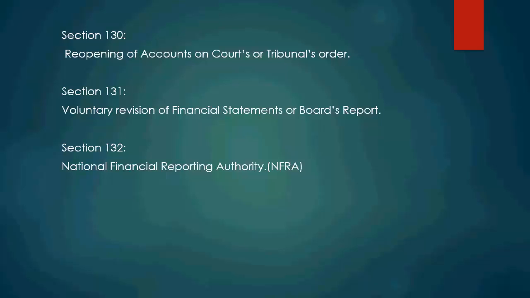Who would notify it? Again, the central government. And in the previous act, the central government was supposed to consult NACAS, the National Advisory Committee on Accounting Standards. That was a committee, an advisory body, only an advisory body as per the previous act, that gave out recommendations related to the accounting standards.